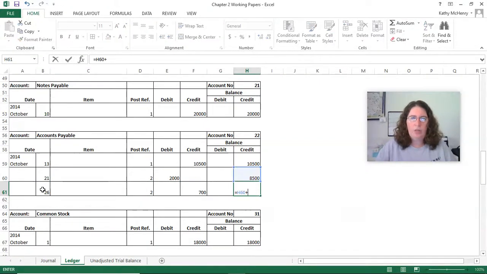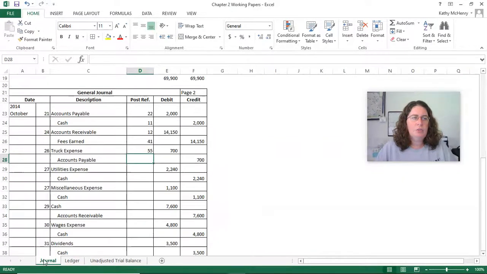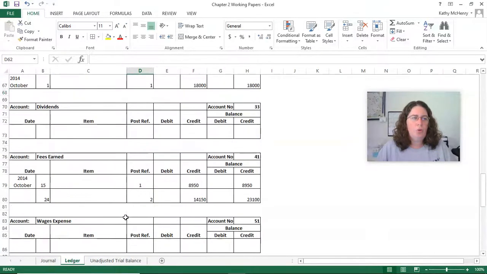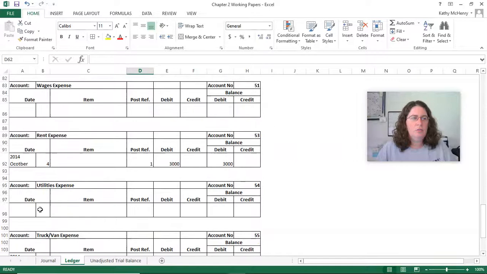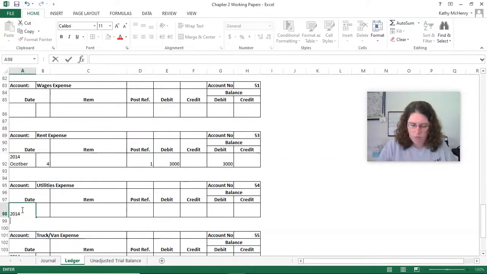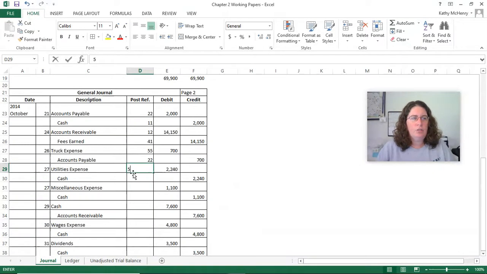So again, these are both credits, so we're going to add those numbers. And that is number 22 back to our journal. A debit on the 27th to utilities expense, $22.40. And that's account number 54.